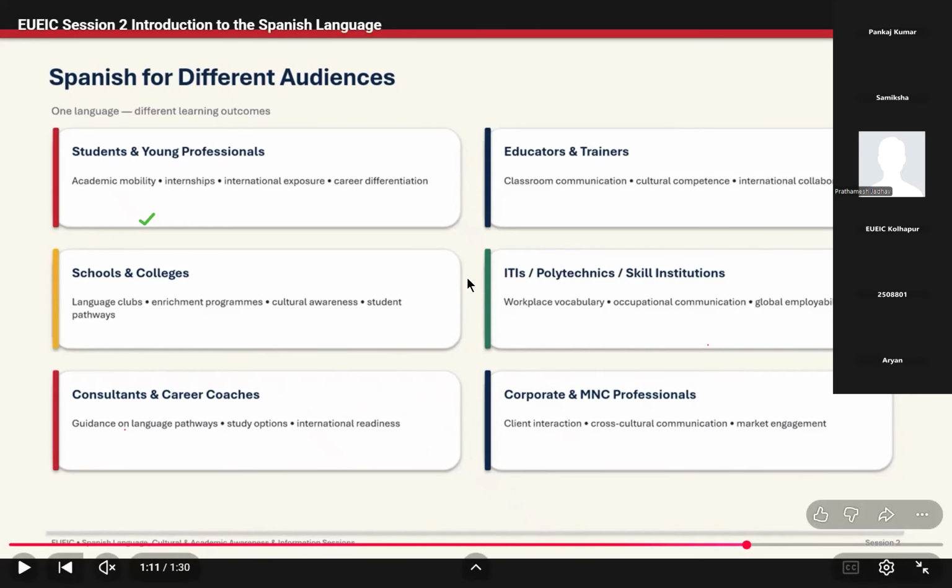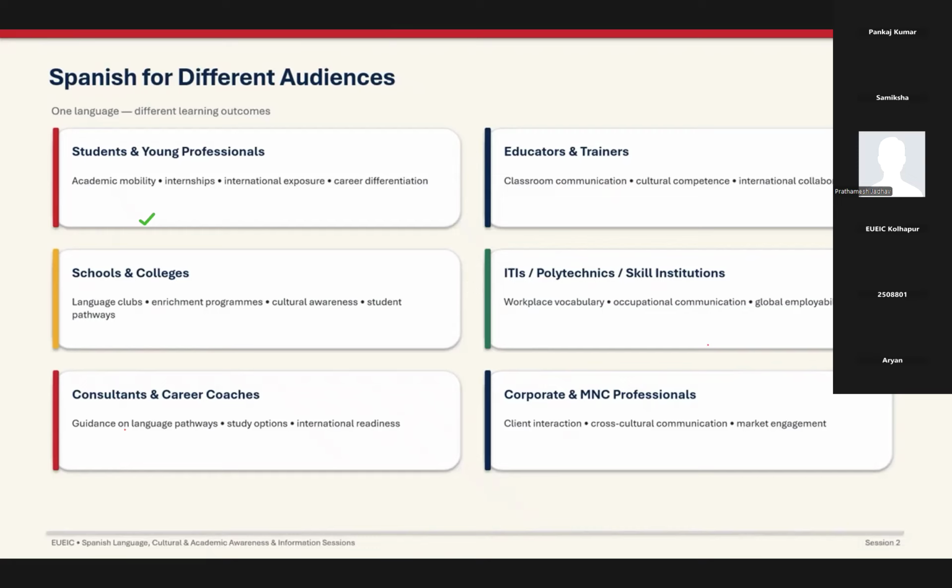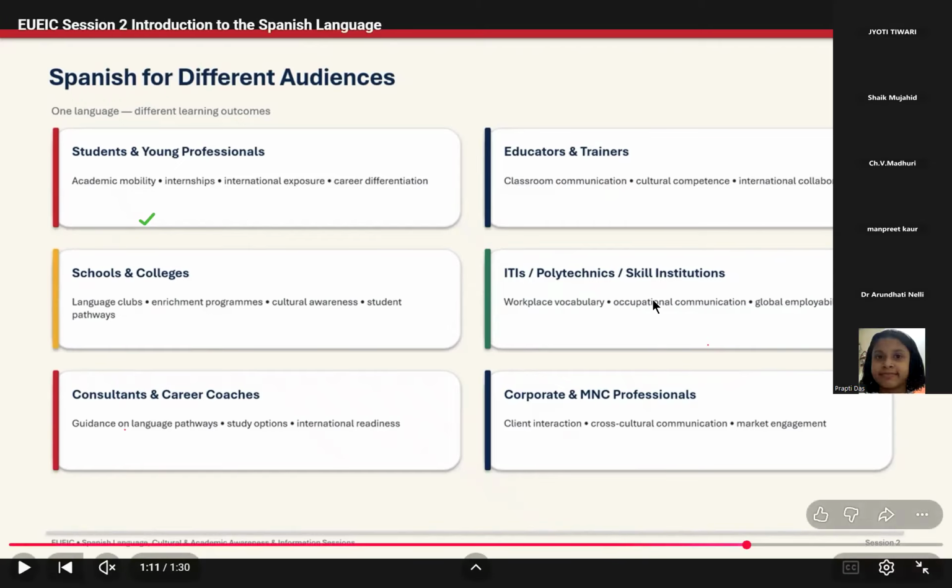So it's not only, in the past, I think French and German and all these languages were there. But now Spanish language is emerging as a language which is very practical in usage because, like I said, ITIs, polytechnics, there are so many skill institutions, and we are trying to educate people that this is a very important language when it comes to workplace situations and applying to corporate companies or MNCs.